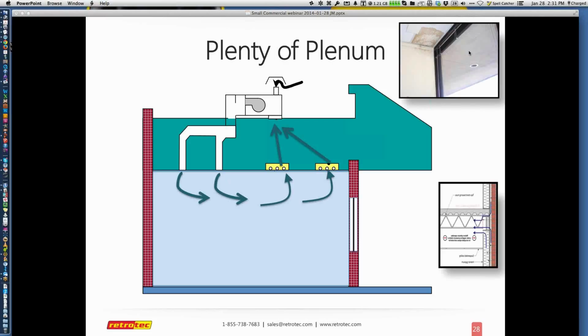The picture in the upper right is showing outside through the window, with a bigger one on the next slide, and the bottom one is from Building Science Corporation, showing how you can have infiltration inside the walls that also gets brought into the structure.